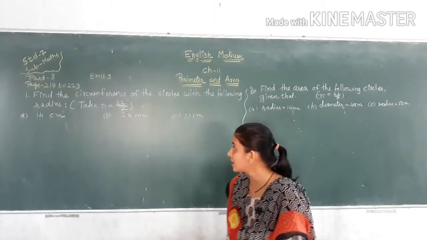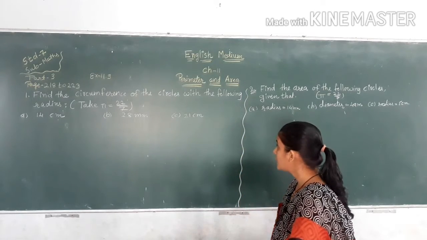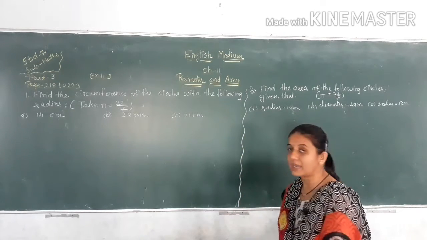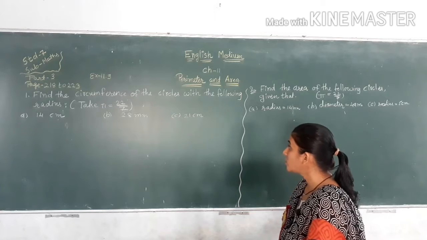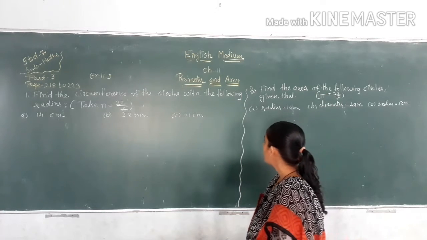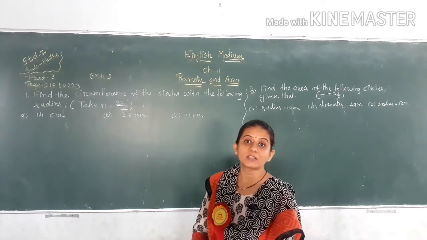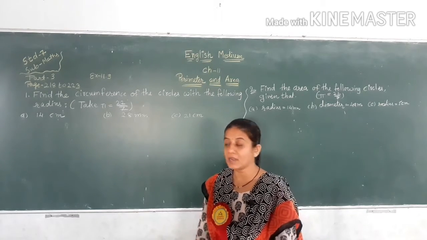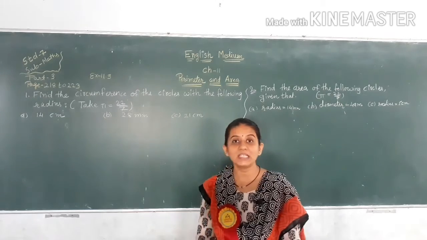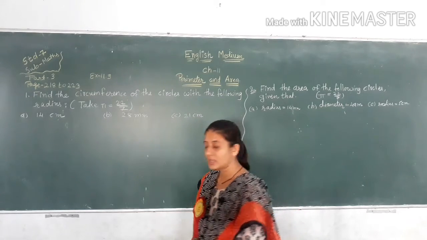Now the first question: find the circumference of the circle with the following radius. The circumference formula is 2 pi R, and here we are taking pi as 22 out of 7.